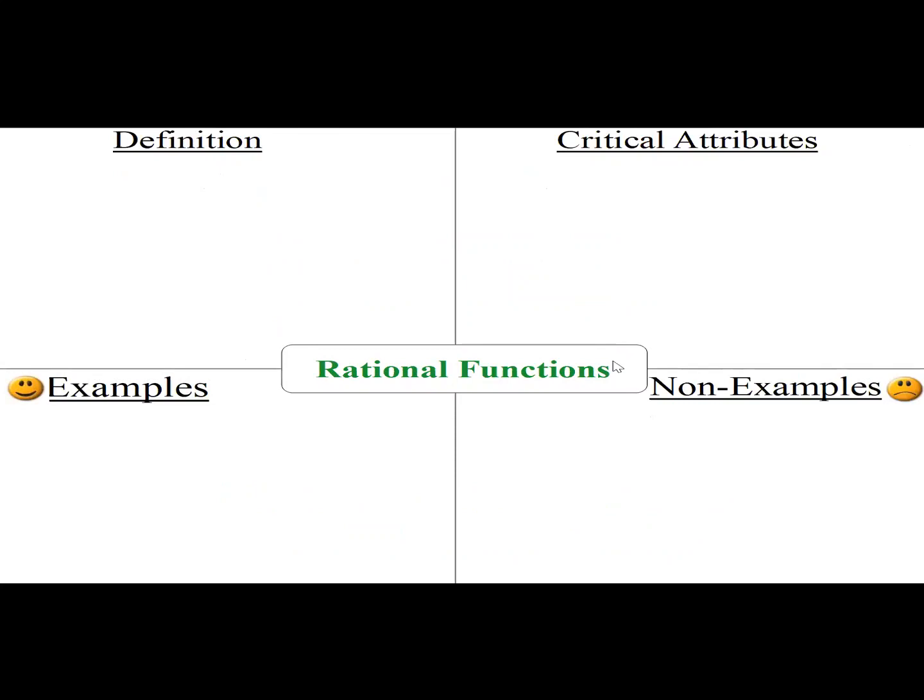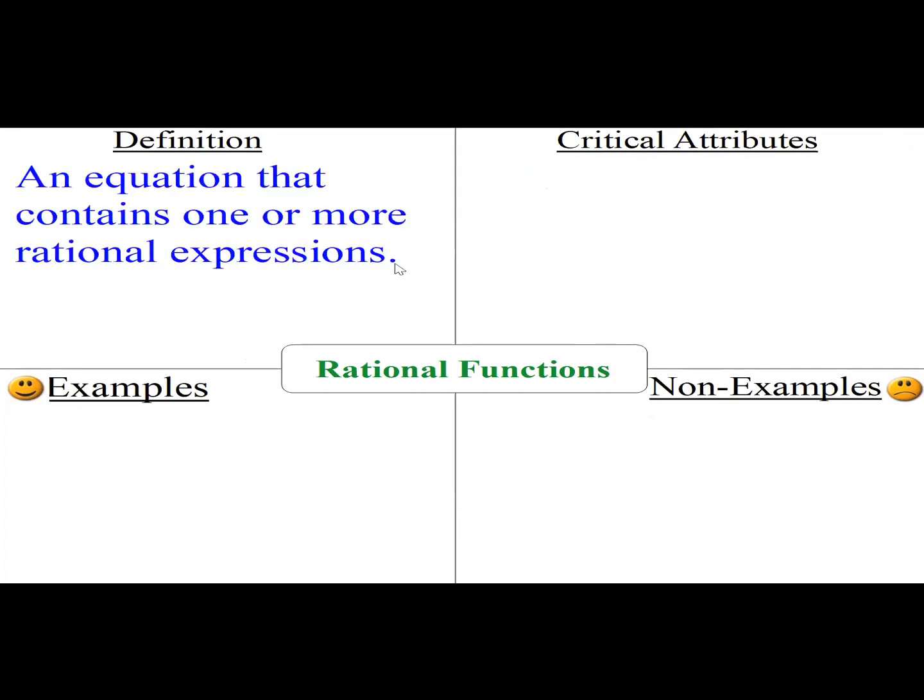Here we go. What are rational functions? Well, rational functions are an equation that contains one or more rational expressions. Now, for those of you that forgot, a rational expression is anything that can be written as a fraction. So, definition says an equation that contains one or more rational expressions.